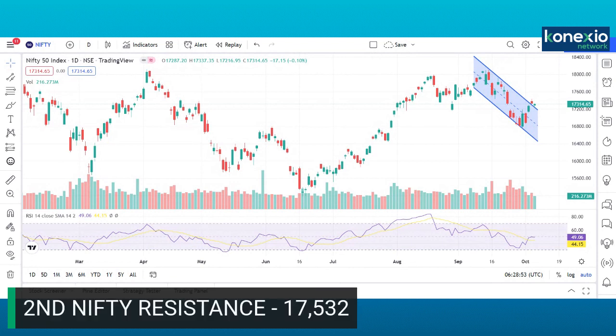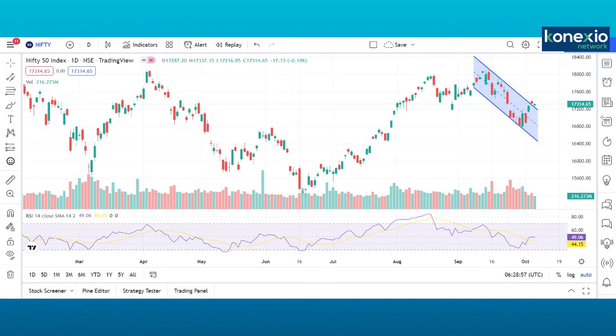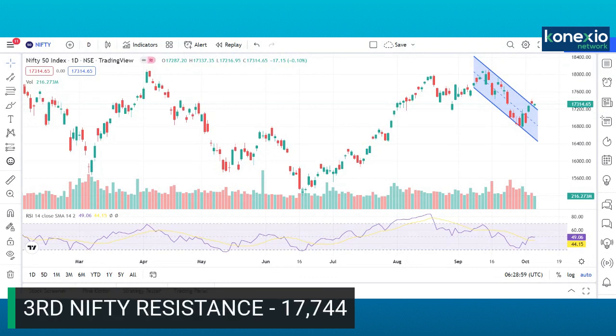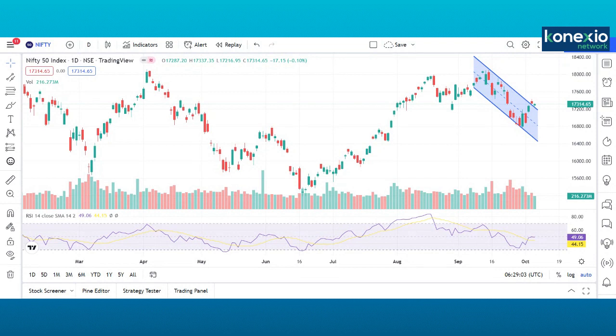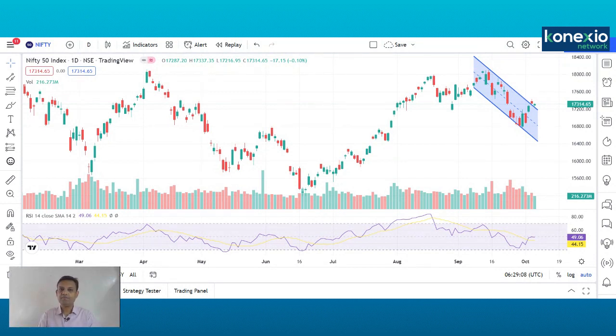Second resistance is placed at 17,532, and third resistance is placed at 17,744. These are the important support and resistance levels. Traders are suggested to just follow these levels and try to trade in the direction of the primary trend. And looking at this particular pattern, we feel the strategy should be buy on dips for the next week.